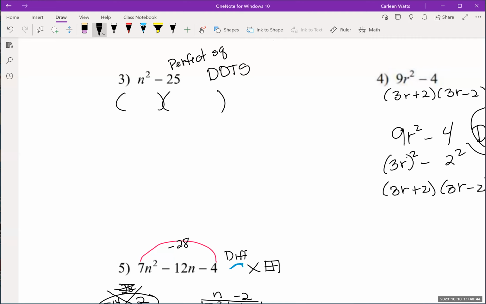Actually, you don't need the rainbow because there's no coefficient in front of the n squared, but okay, so what do we get here? N plus 5. Now remember, in the box, they're going to have to be different signs so that diagonal cancels. And N minus 5.